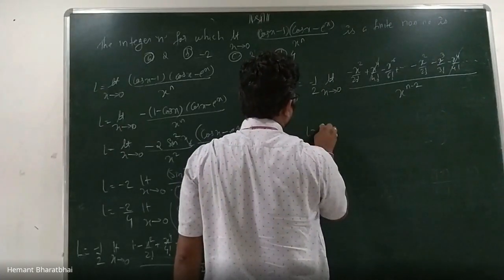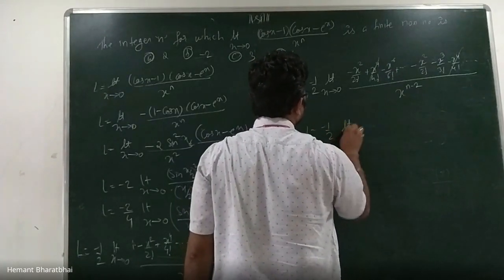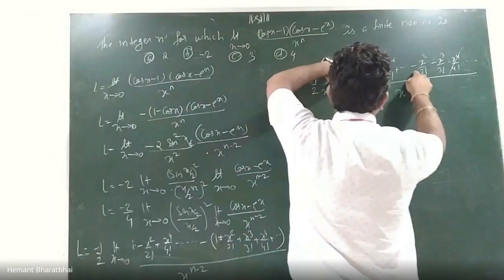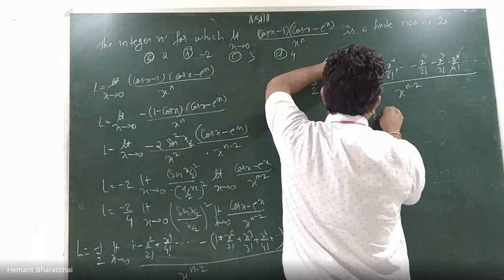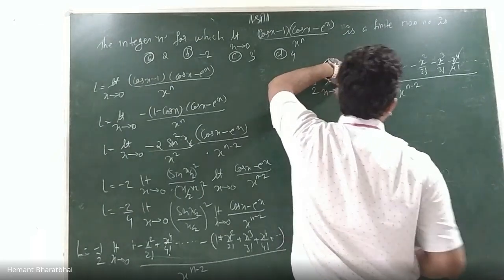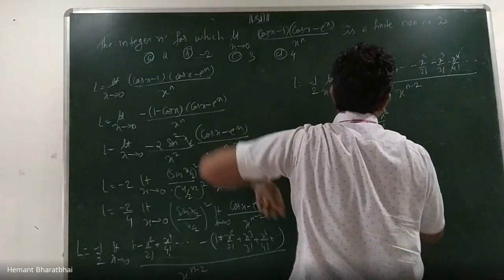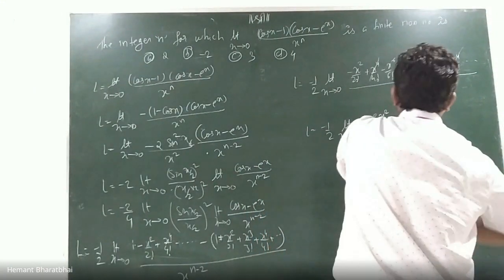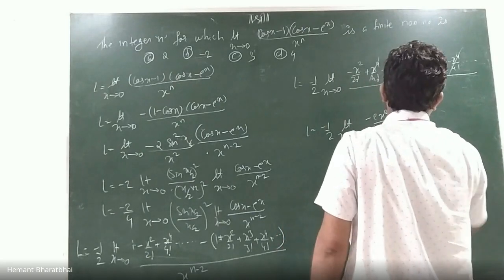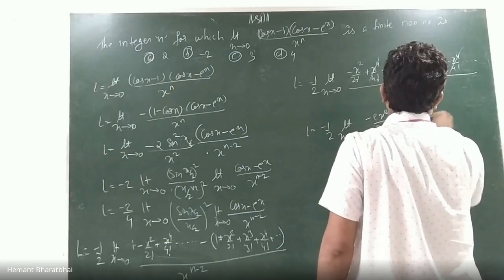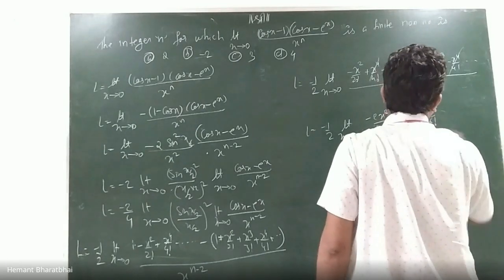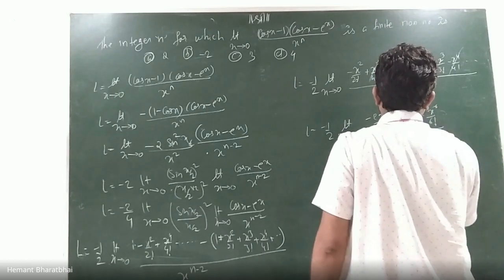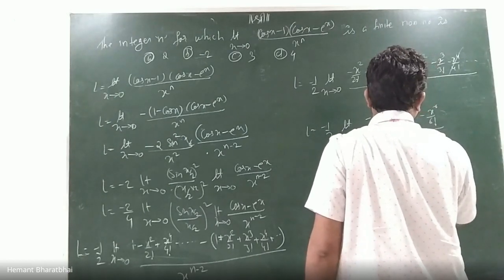So I'll get L is equal to minus 1 by 2, limit of x tends to 0, here I am having 2 x square by 2 factorial minus x cubed by 3 factorial minus x cube by 6 factorial and so on, upon x raised to n minus 2.